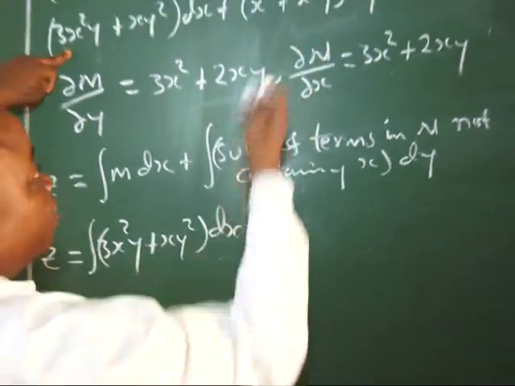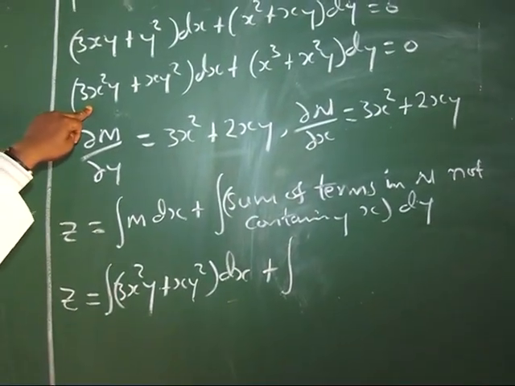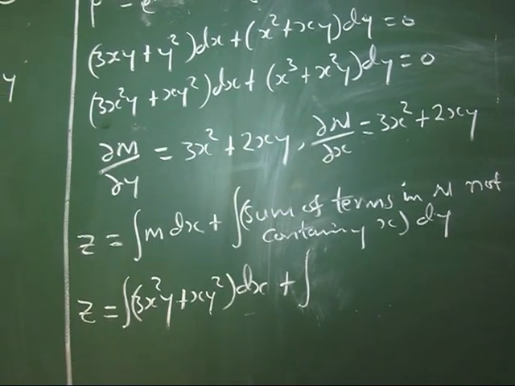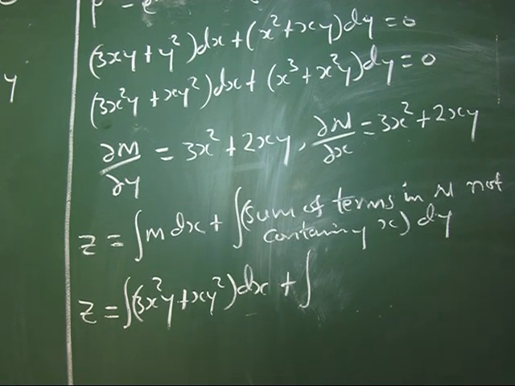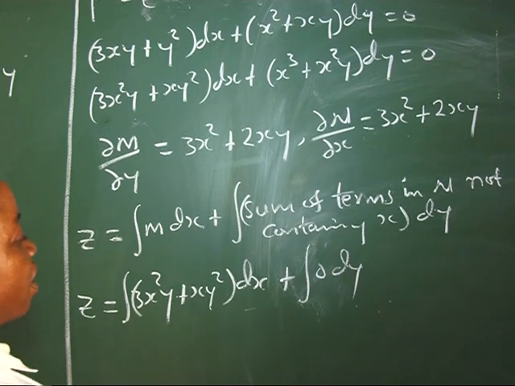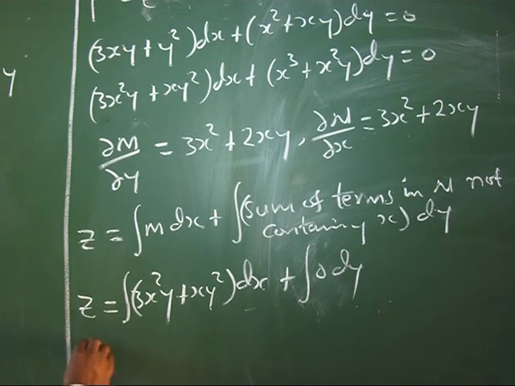There is no term in N that does not contain x, since both terms contain x, which means there is zero there.